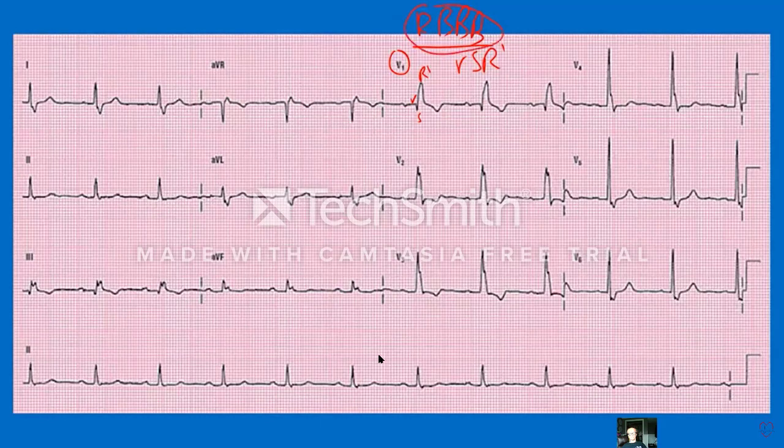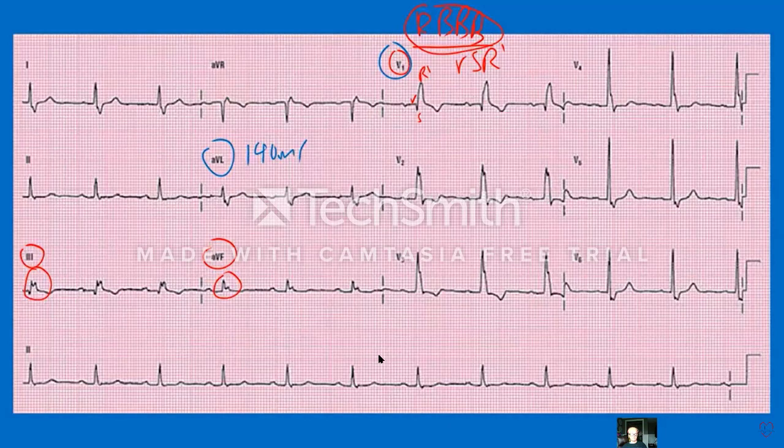So how about the ST elevation in leads 3 and AVF? Here's 3 and AVF, and there's some ST elevation in those leads. Do you think this is consistent with an inferior wall MI? Well, let's take a look at the whole EKG. If you determine the width of the QRS complexes in leads AVL and V1, you'd see that the width of those is about 140 milliseconds.